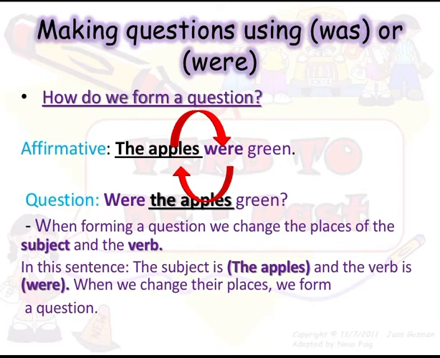So the question becomes, were the apples green? Were the apples green? And don't forget the question mark. When forming a question, we change the places of the subject and the verb. In this sentence, the subject is the apples and the verb is were. When we change their places, we form a question.